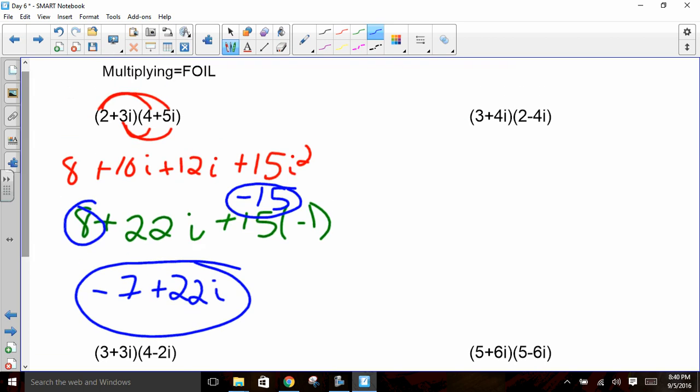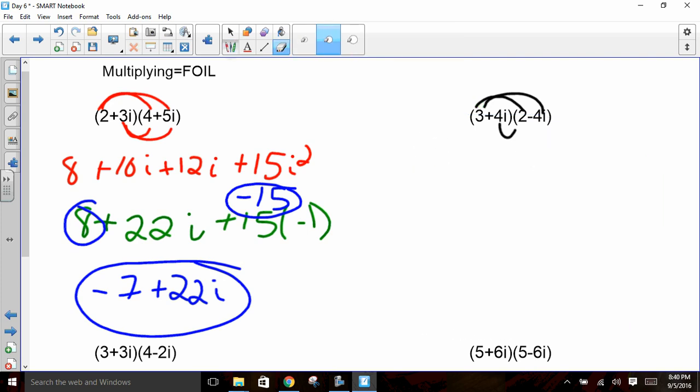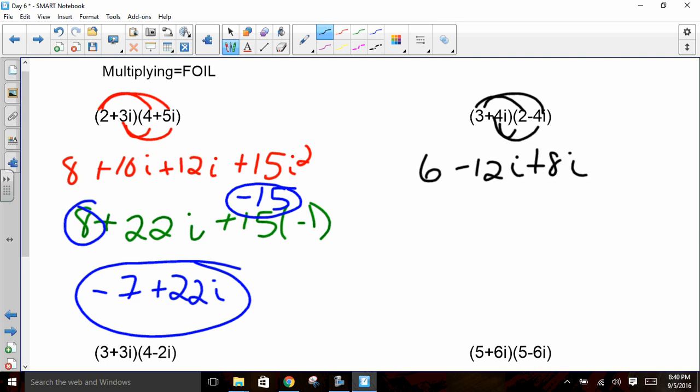Try another one. 3 times 2 gives me 6. 3 times negative 4i is negative 12i. 4i times 2 is 8i. Let's try that one more time. Sorry about that, guys. So 6 minus 12i plus 8i, and then negative 4i times 4i gives negative 16i squared.